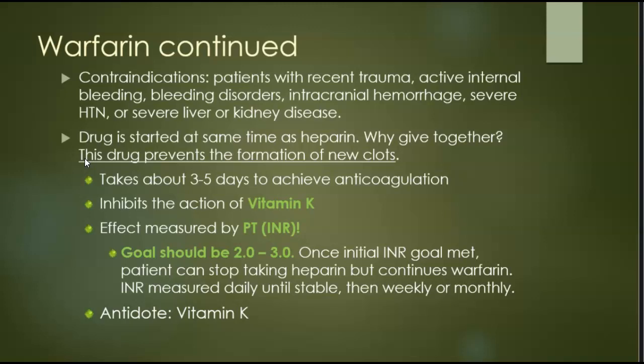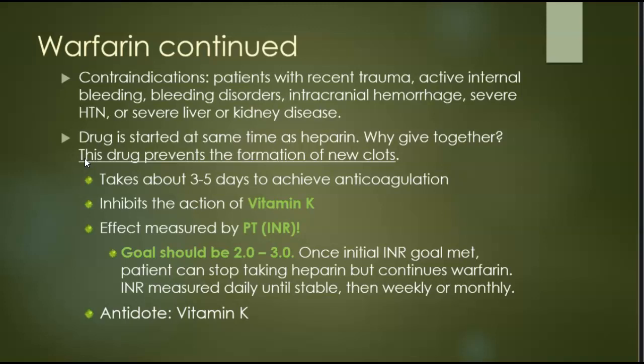So while patients are on warfarin or Coumadin, they need to be having their INR checked. It's not related to the Lovenox, it's really related to the warfarin. So again, they're going to have their INR, which is a ratio of the patient's PT to a control PT.